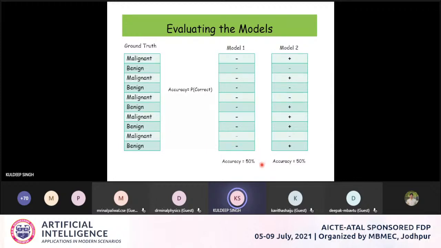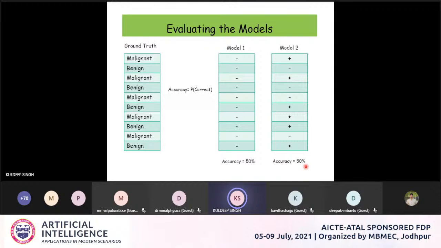Still, it is 50% accurate. However, in the case of model 2, it is assigning the positive or the negative class to different test images. Positive means it's a diseased case, negative means it's a healthy patient. Still, the model 2 is 50% accurate.